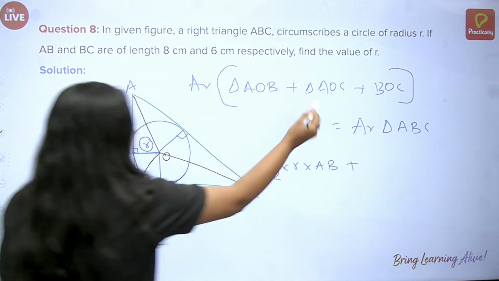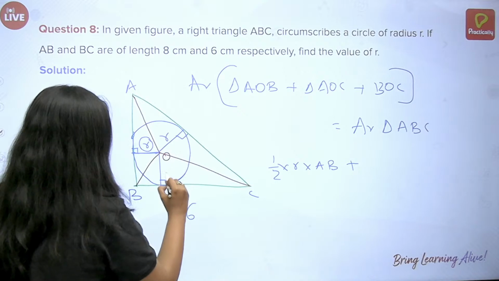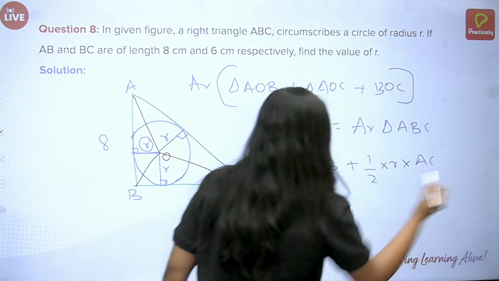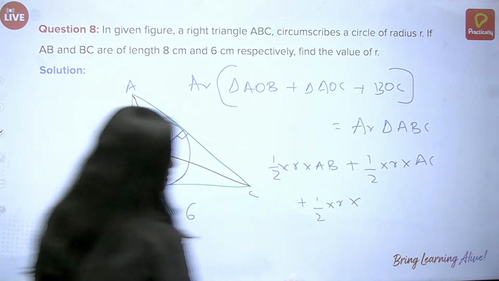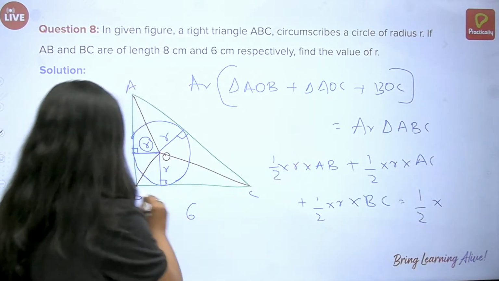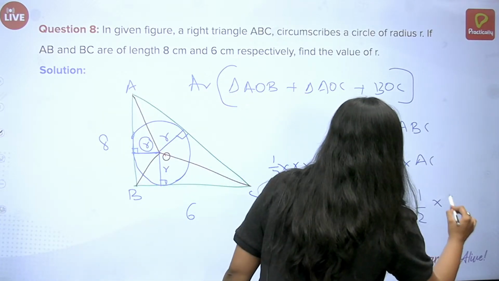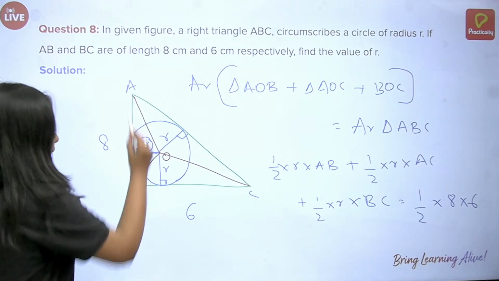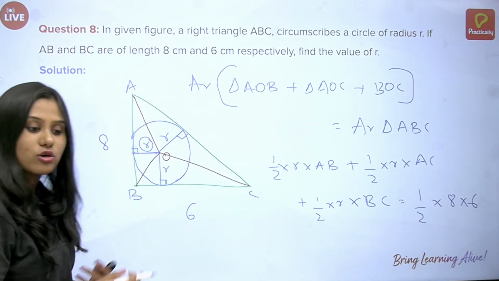Next, AOC, half into r into AC, plus half into r into BC is equal to the larger triangle, half into base into height. So, half into 8 into 6. Now, we know AB length, we know BC length. How do we find AC length? Use Pythagoras theorem.